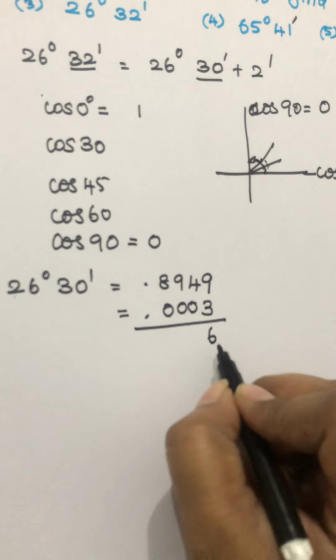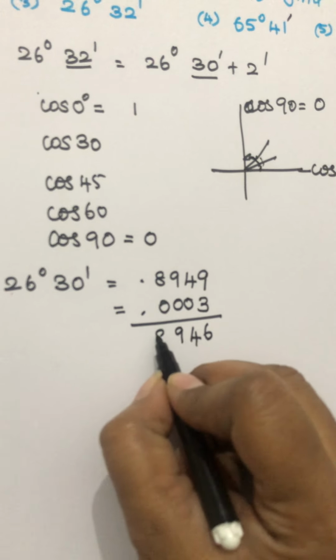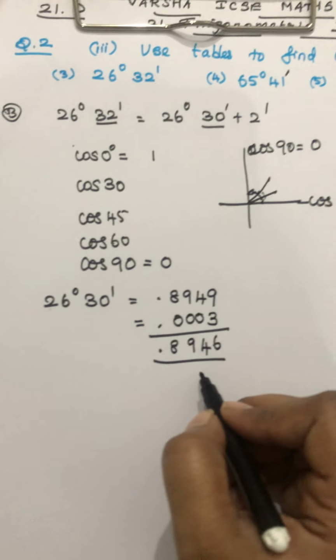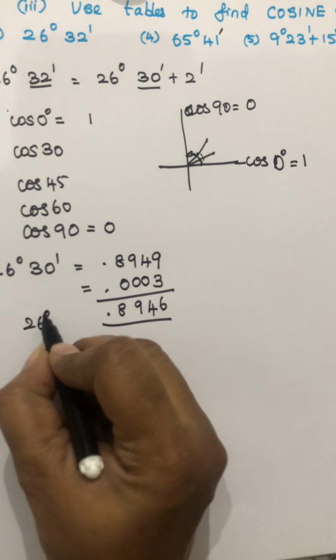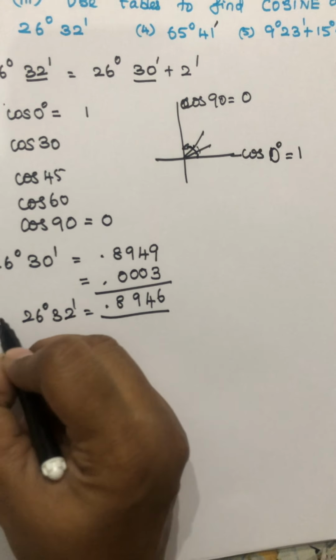After subtracting we get 0.8946. So this is the right value. Do you catch it? I hope you understand. So this is the cos value for 32 minutes.